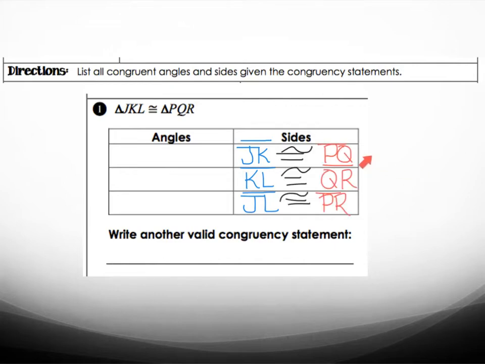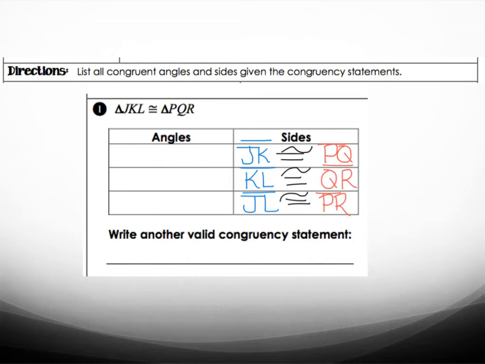So here you have it, PQ, QR, and PR. So I took the first two letters in the first triangle and matched them with the first two letters of the second triangle. I took the second and the third letter of the first triangle and matched them with the second and the third of the second triangle. Why? Because once we find out the triangles are congruent, then we know all the parts are congruent.